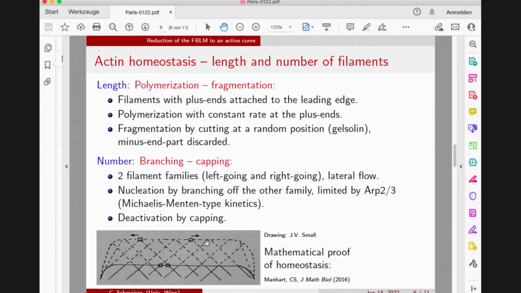So you have what the biologists call the lateral flow of the filament ends along the leading edge. And that has to be taken into account when you do the balance of the nucleation and the capping.